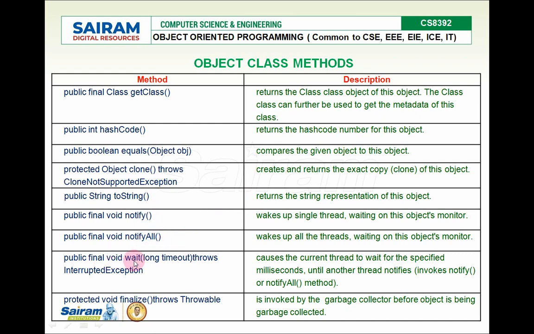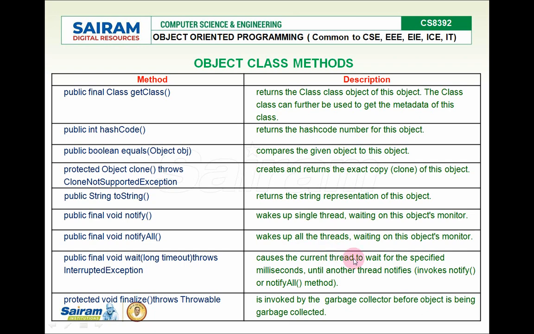And coming to the wait method, it is a final method. Inside the wait method, I have time as a parameter, a long time as a parameter. So what happens here is, if one thread is running, others have to wait. That wait time is specified over there: how long the other threads have to wait before an action can be performed, right?